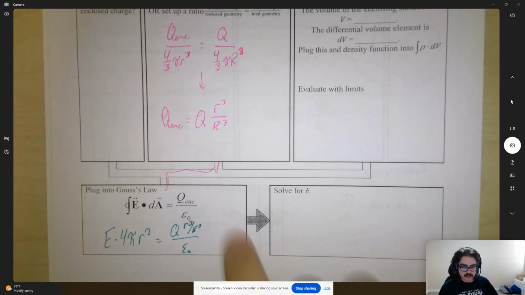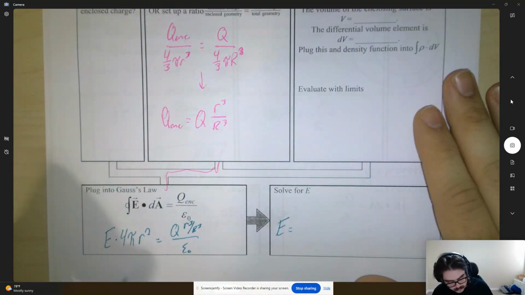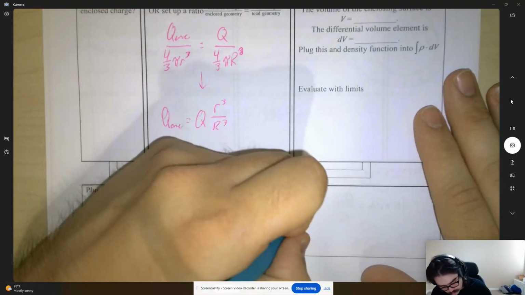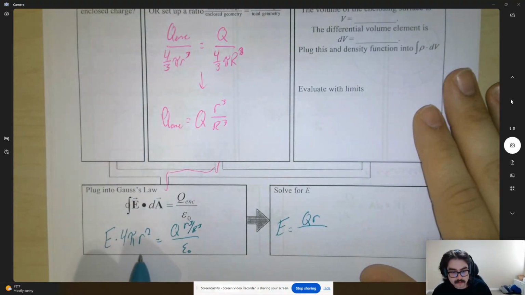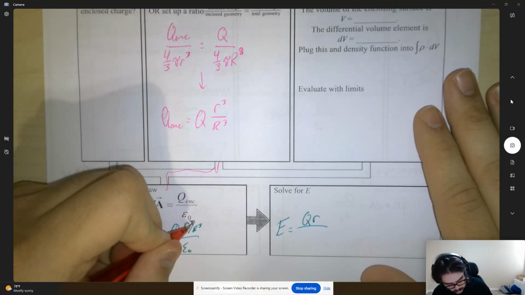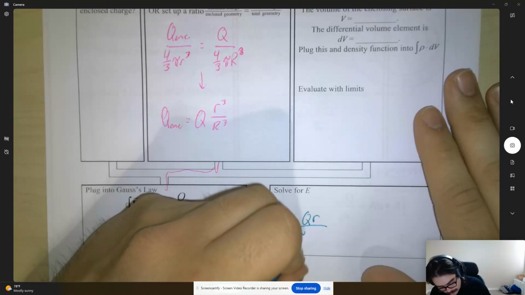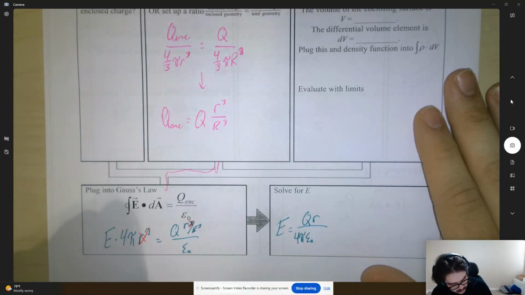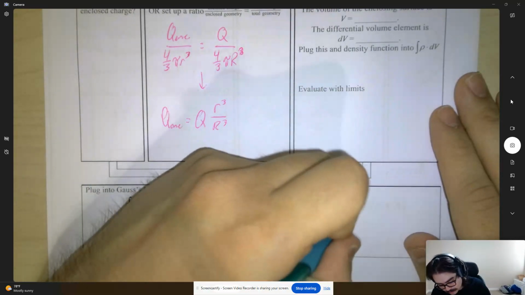I can move that capital R down to the bottom, and I get the E field is equal to Q r, because I can cancel out some of the stuff here, these r's. So I just get Q r over 4 pi epsilon naught times capital R cubed.